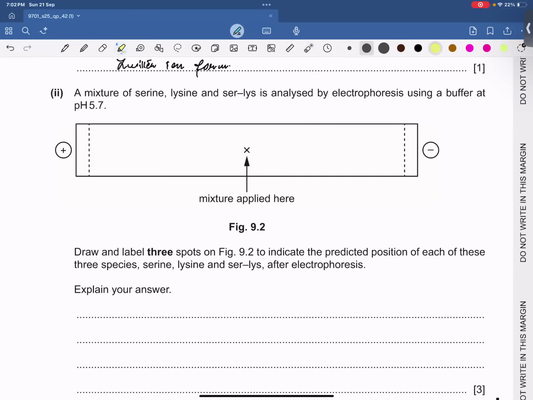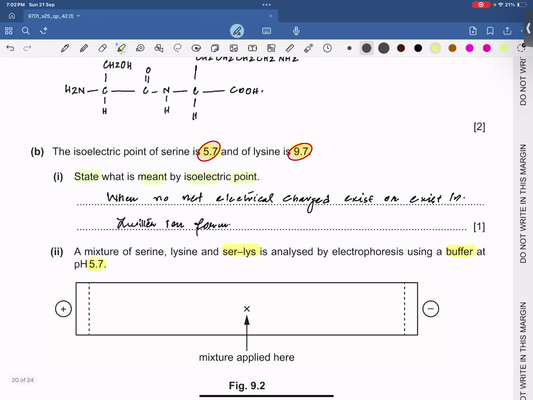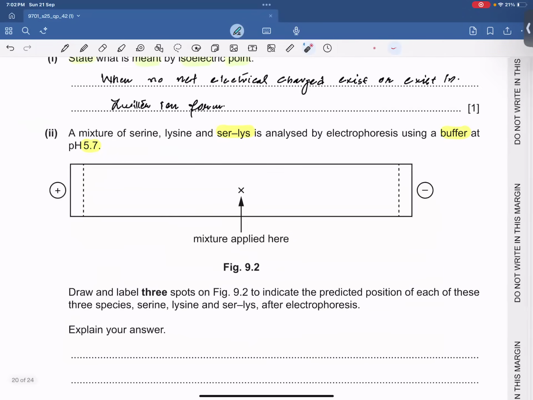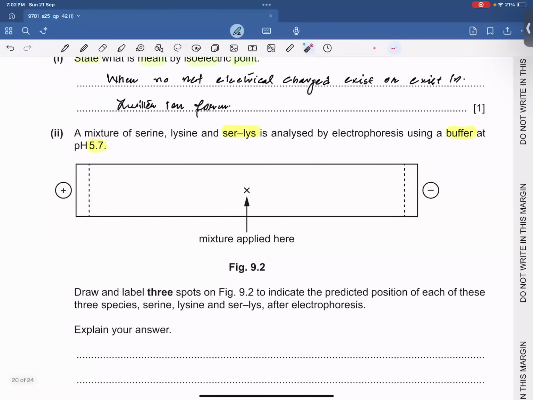The mixture of serine, lysine, and this dipeptide is analyzed by electrophoresis using a buffer at pH 5.7. The pH of the buffer solution is given, which is 5.7, and the isoelectric points of serine and lysine are also given. With respect to these pH values, I can easily suggest whether protonation or deprotonation takes place.